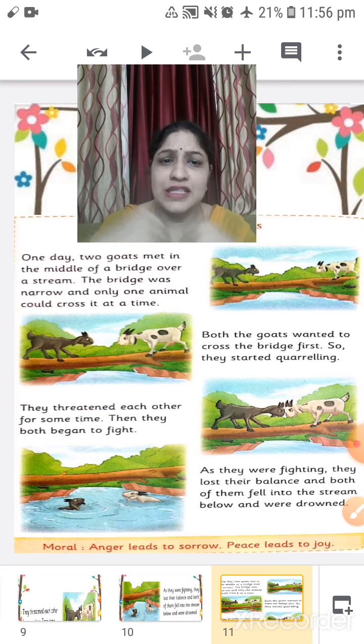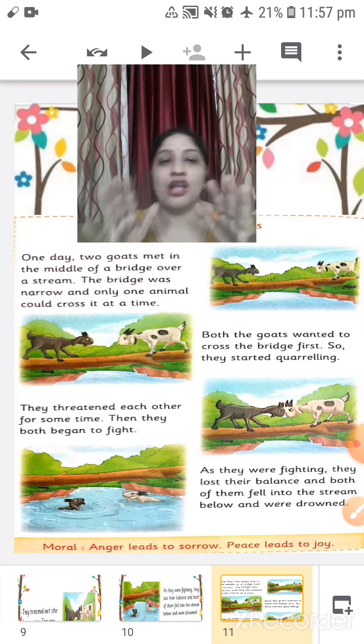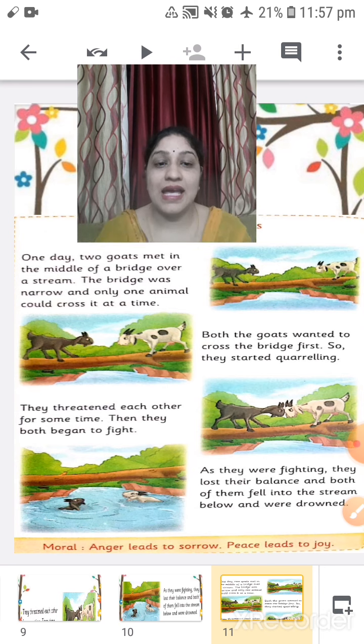They threatened each other for some time and then both began to fight. As they were fighting, they lost their balance and both of them fell into the stream below and were drowned. Moral of the story is, anger leads to sorrow and peace leads to joy.